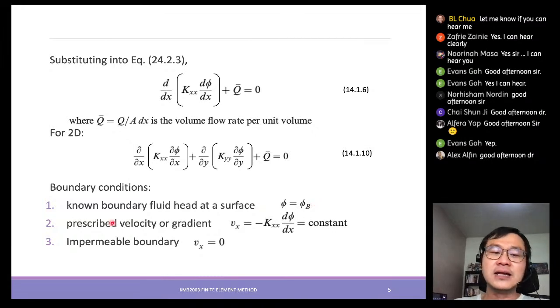All right, then also you may have a prescribed gradient or velocity. You can set this, whether it is changing or constant, and you may also set the surface or the boundary as impermeable, meaning no fluid will penetrate in or out of the surface, therefore the velocity at that particular surface will equal 0, right? So this Vx is just a notation, you can use Vy or whatever it is, perpendicular or normal to that particular boundary surface.